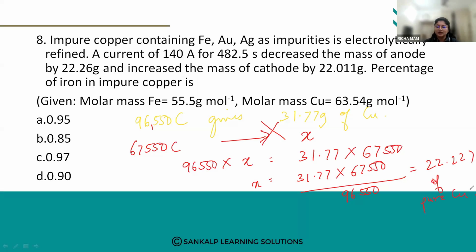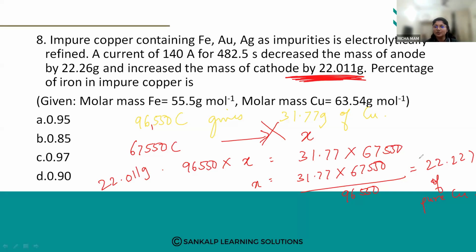But here, how much is the mass increased? It is increased by 22.011. The mass of the cathode increases by 22.011 grams. So let us subtract it.